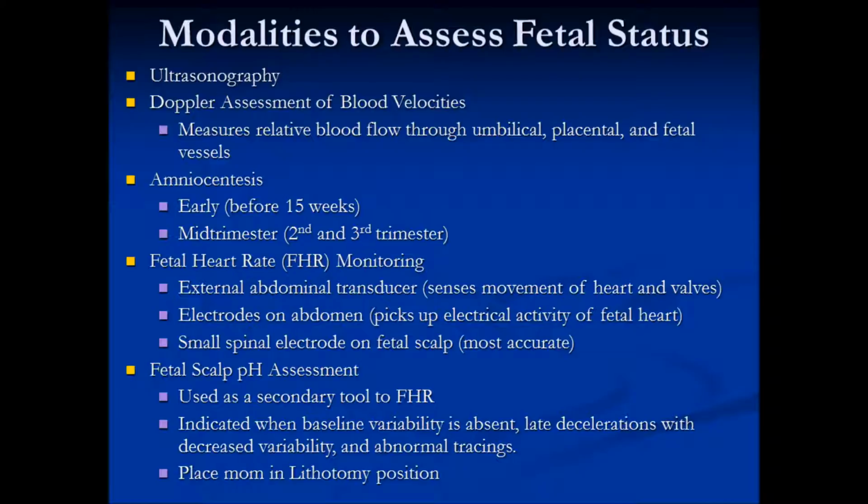And that measurement is only accurate up to 12 weeks gestation. And then a biparietal diameter, which is the diameter of the fetus's head. They can also do an abdominal circumference and a femur length.